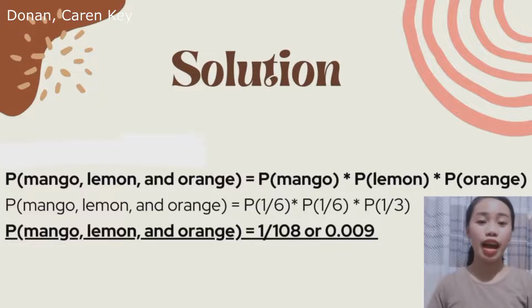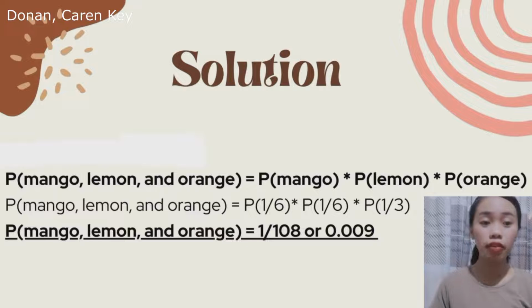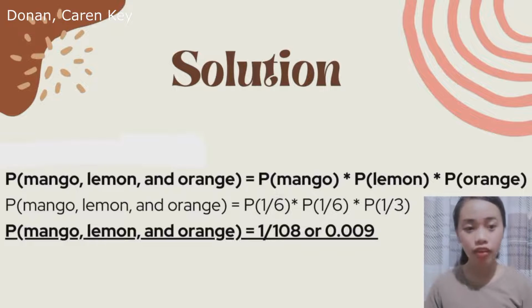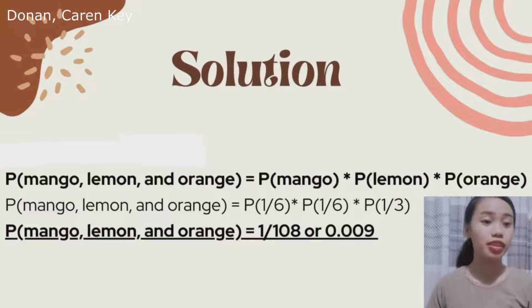So that's why the probability of mango, lemon, and orange is equal to 1/6 times 1/6 times 1/3. So the result is equal to 1/108, or in decimal form, the probability of mango, lemon, and orange is equal to 0.009. I hope you've learned how to solve the probability of independent events with these simple examples.